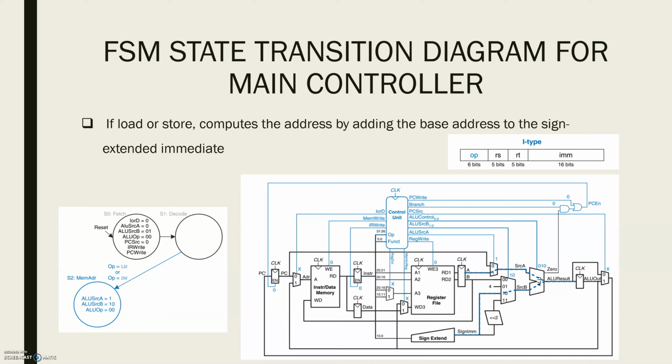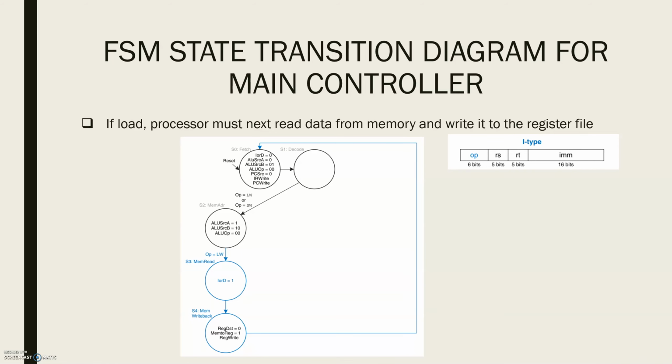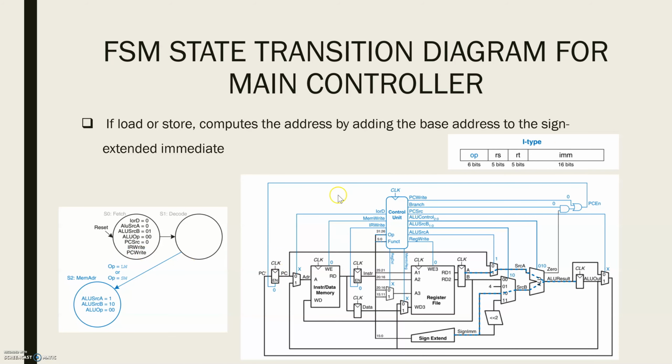If the instruction is a load, the multi-cycle processor must next read the data from memory and write it to the register file. To read from memory, the IORD signal will be 1 to select the memory address that was just computed and saved in ALU out.